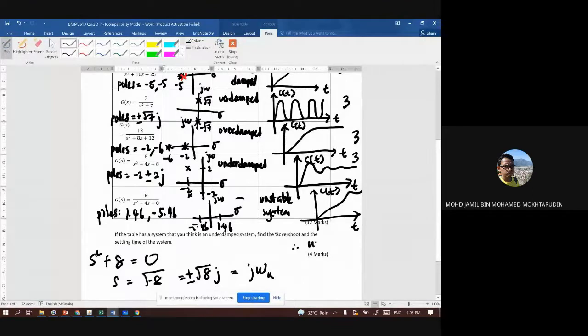So omega n is square root 8. And when you get omega n, you can find the damping ratio. Damping ratio equals 4 divided by square root 8 times 2, so you get 2 over square root 8.